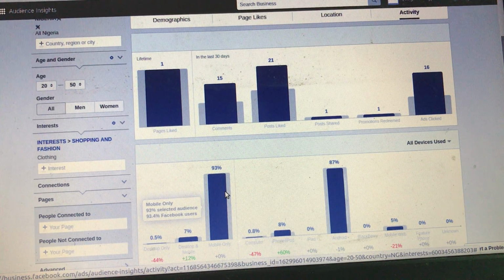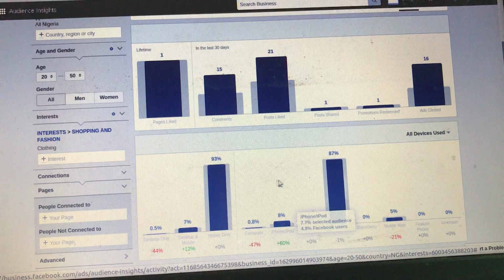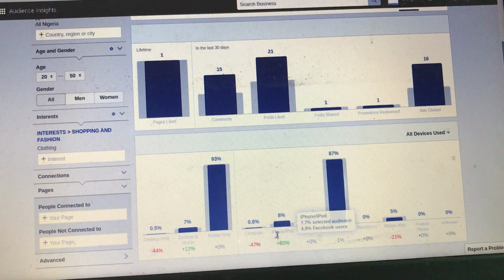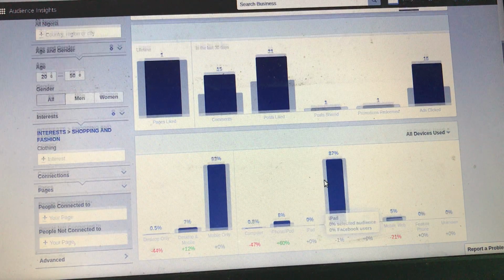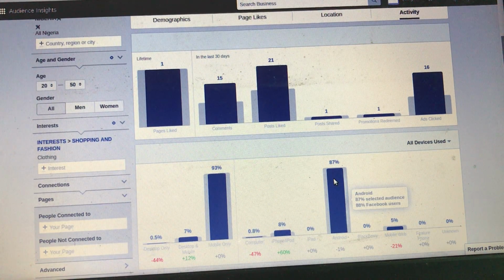You understand? So that you can minimize your ad spends and know that you are targeting this set of people only. And the type of phone they use, those that use iPhone, iPod, those that use iPad, those that use Android, you can see that Android users are more than iPhone users in Nigeria. Like 0% are even using BlackBerry.